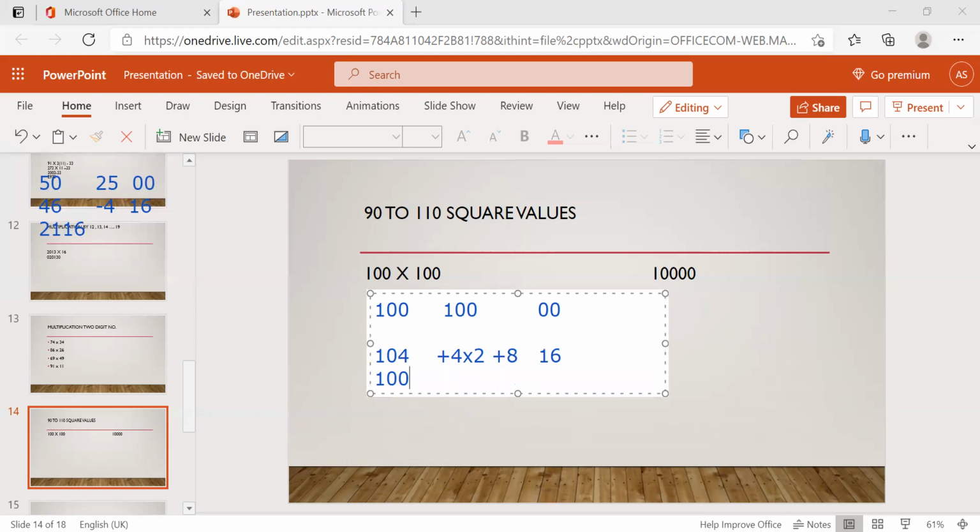Okay, 100 and 00, and here plus 8, and 00 is nothing but 16. So 108, 16 will be the answer. So like this, you have to add double the number, the difference, then you can get an easy answer, right? Do you understand, everyone? Is it clear? Can we move to the next one?